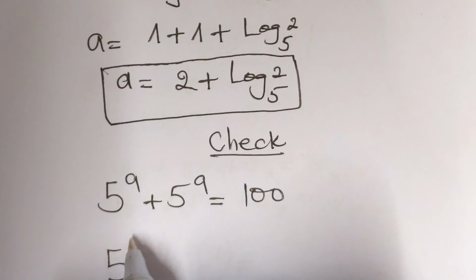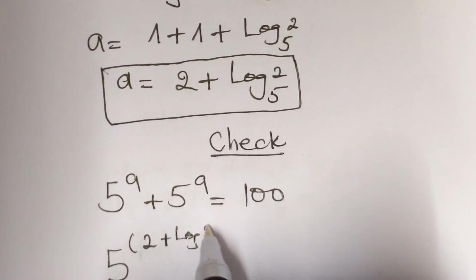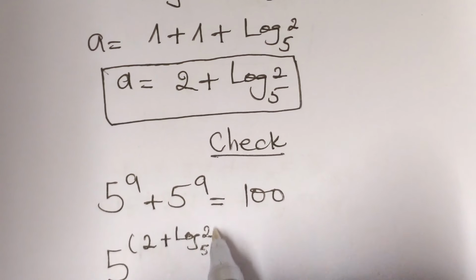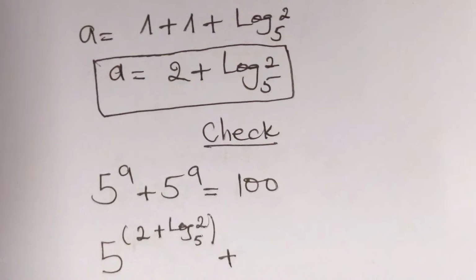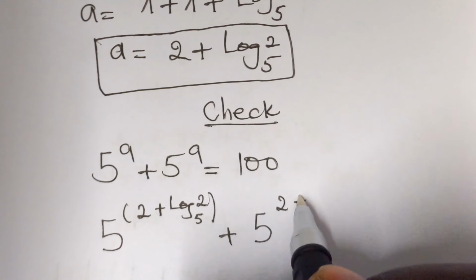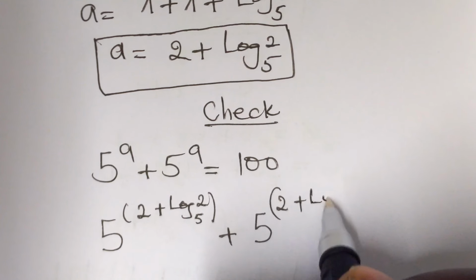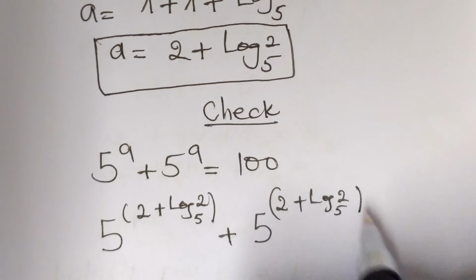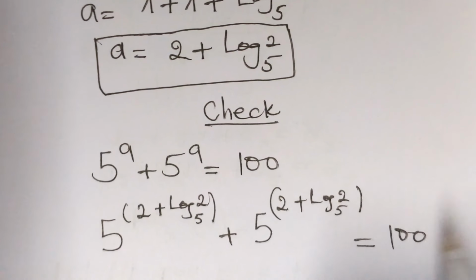We have right here 5 power 2 plus logarithm of 2 to the base 5, plus 5 power 2 plus logarithm of 2 to the base 5, equals to 100.